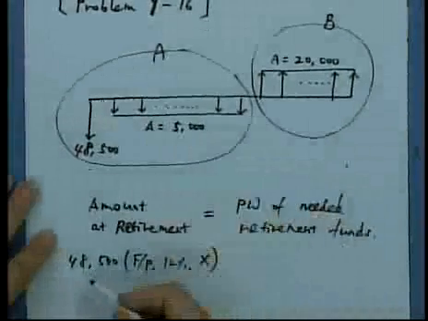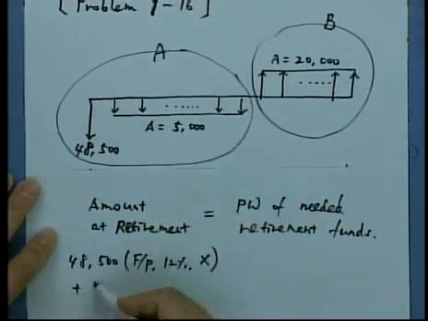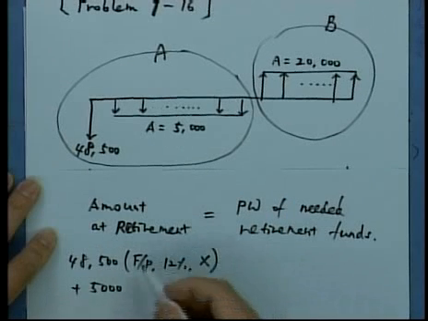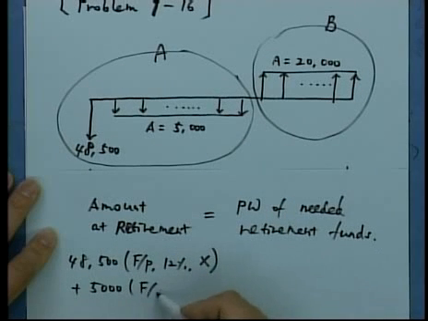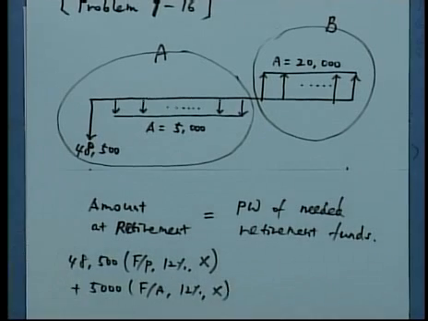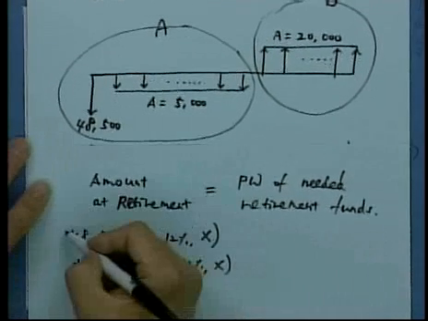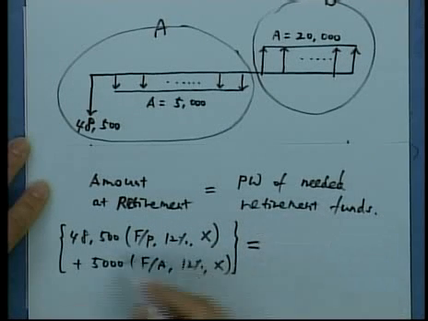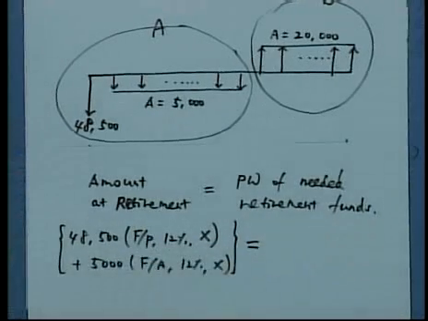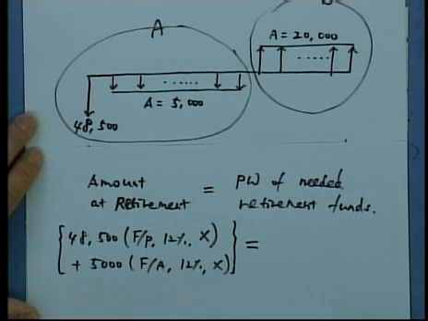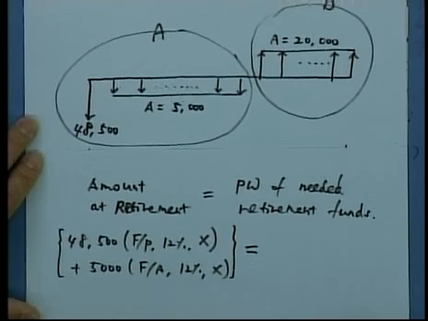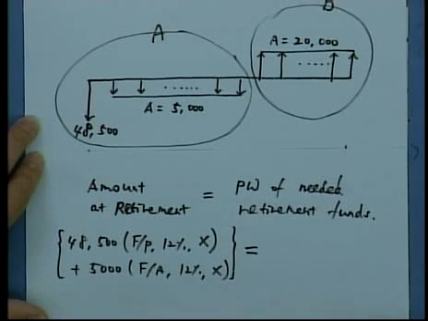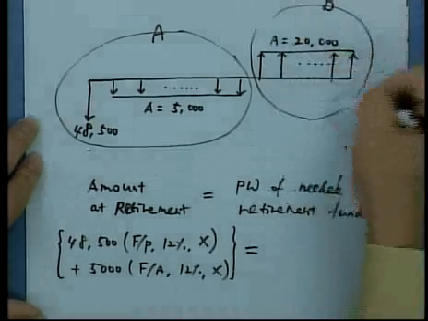And then plus $5,000 times F given A, 12% over X periods. The summation of these two values should be equal to the amount of money needed for his retirement, which is this.